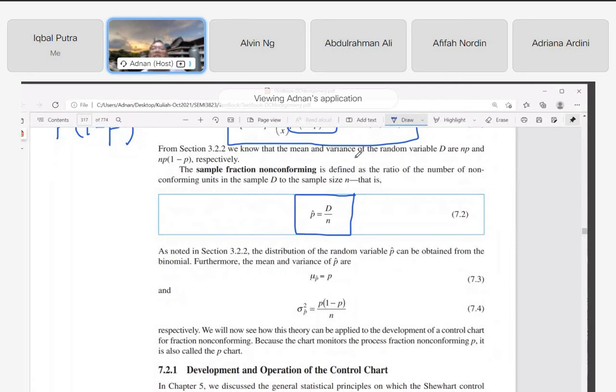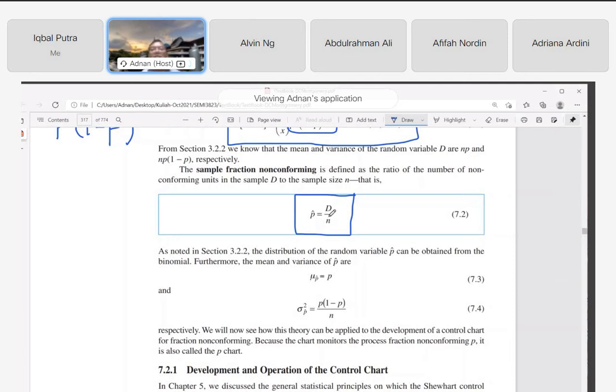D is the variable for defects: how many defective units, divided by how many units, the sample size that we inspected.